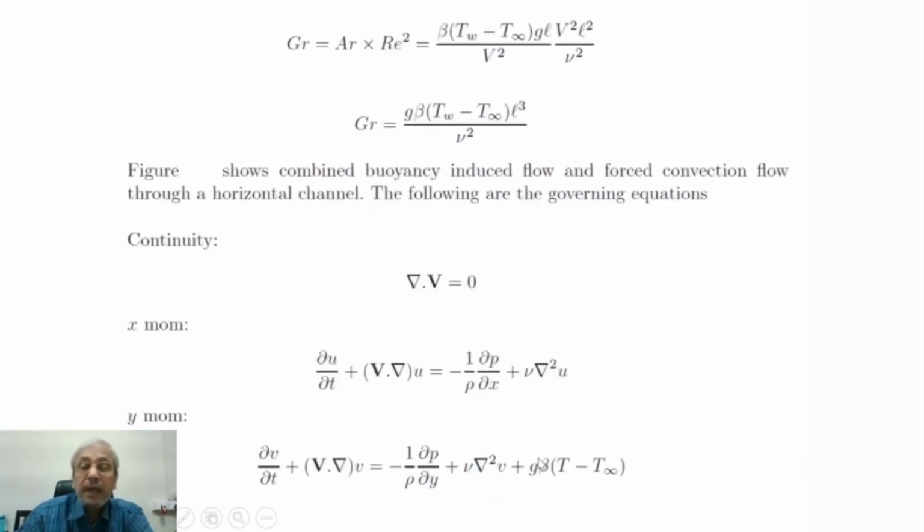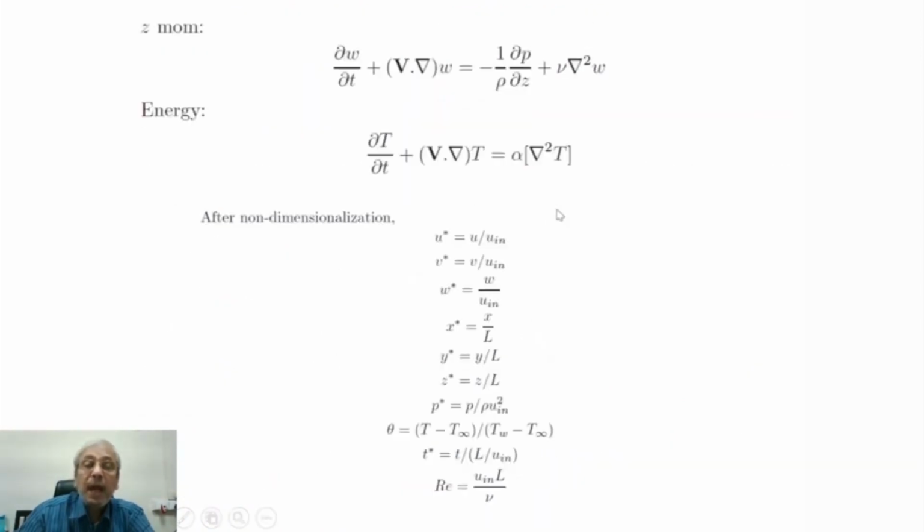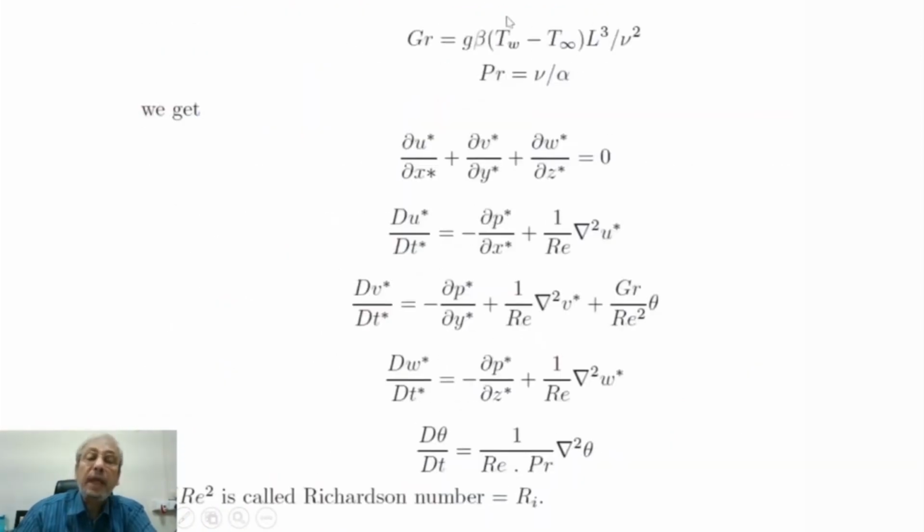So this flow, as we said, is a mixed convective flow, and the velocity at the inlet of the channel or duct is UIN. This is pressure driven flow, but the flow character will be modulated when it enters the duct because of the temperature of the duct, and this is how we formulate.